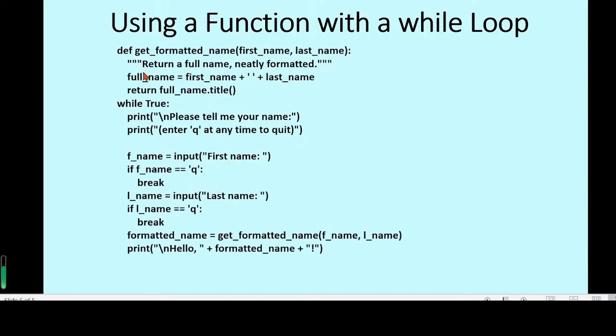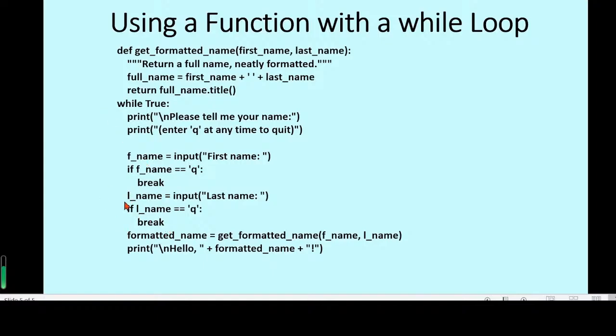So we change the while loop here. After the user sees the prompt for the first name and inputs it, there will be an if conditional test. So if the user inputs Q for the first name, then it will break, and the while loop will stop.